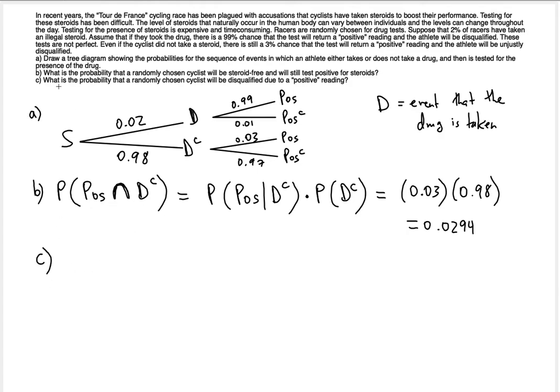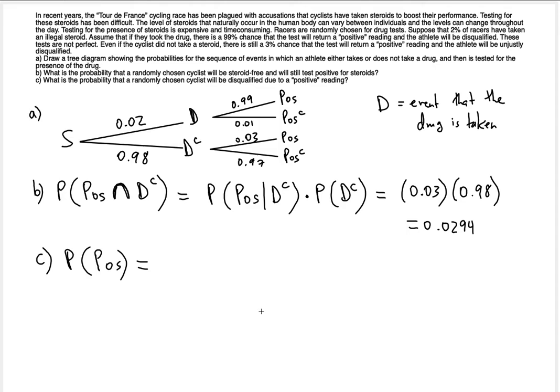Now, the last part here says, what is the probability that a randomly chosen cyclist will be disqualified due to a positive reading? That's the same thing as saying, what is the general probability that any randomly chosen cyclist will test positive? So basically, the probability of testing positive. Now, as you know, this can come both ways.